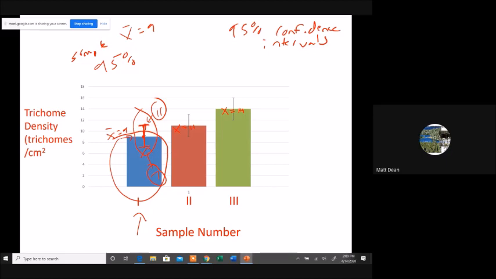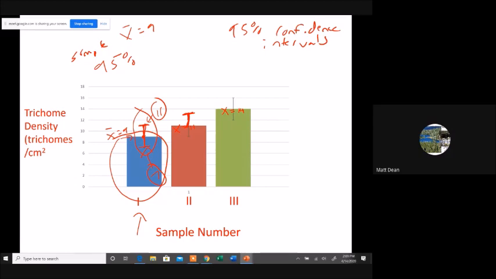Let's do the same thing for population 2. So population 2's mean was at 11. So to create a 95% confidence interval, we're going to go up 2 standard errors of the mean from that. So that's going to put us up here at 13. We'll draw down our vertical line to our mean like so. We're also going to go down 2 standard errors of the mean.